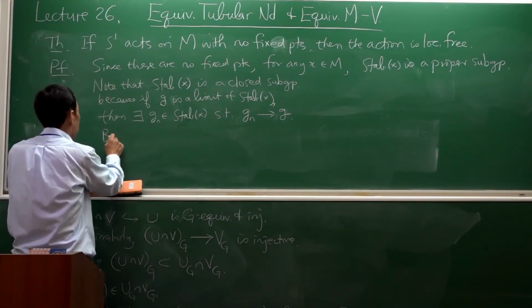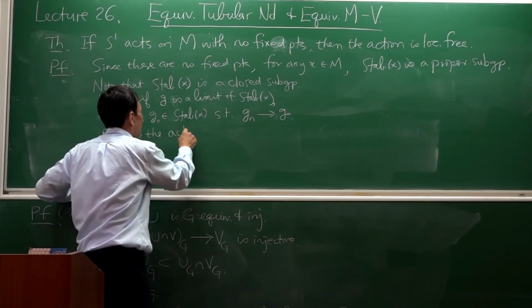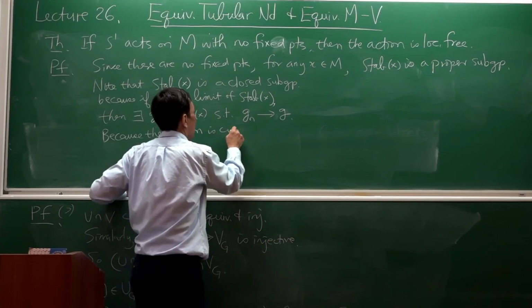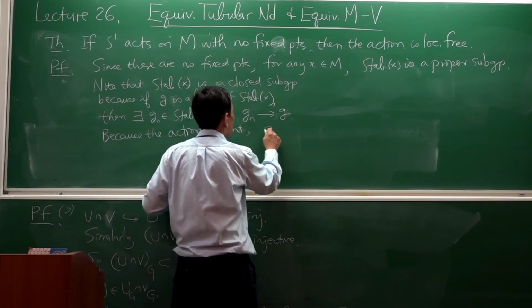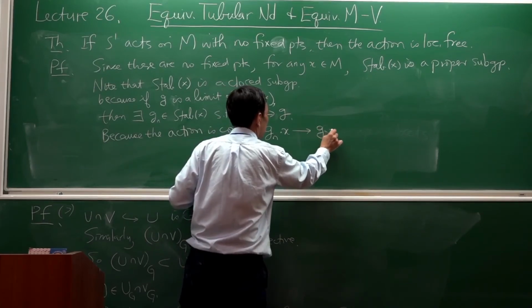And because the action is continuous, g_n dot x will converge to g dot x.